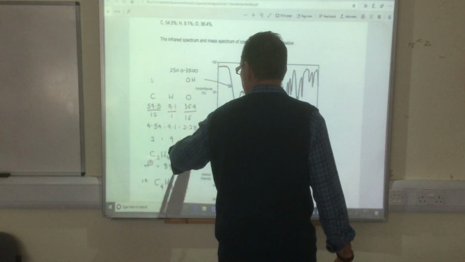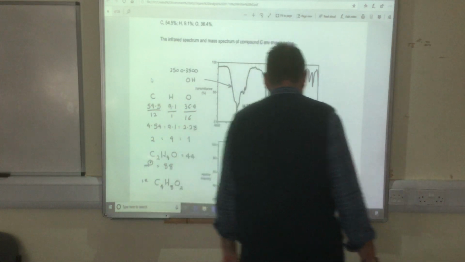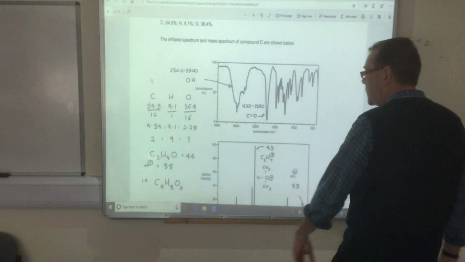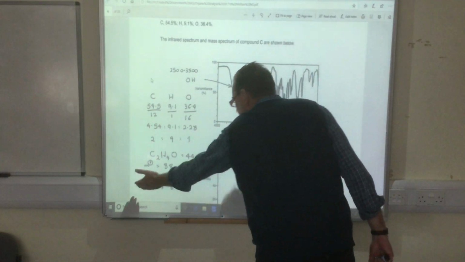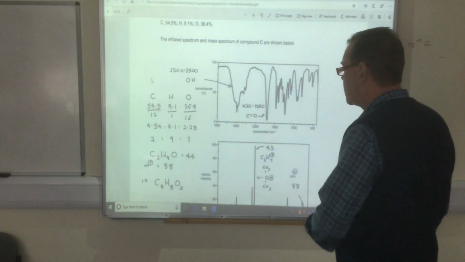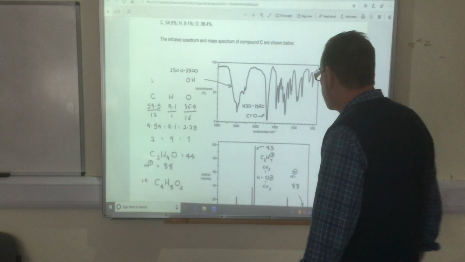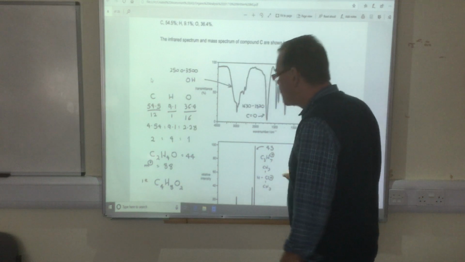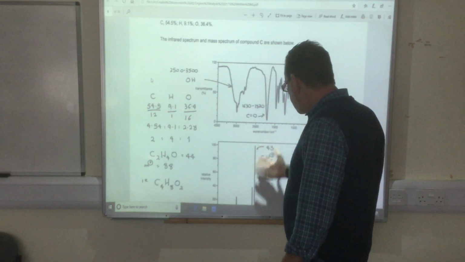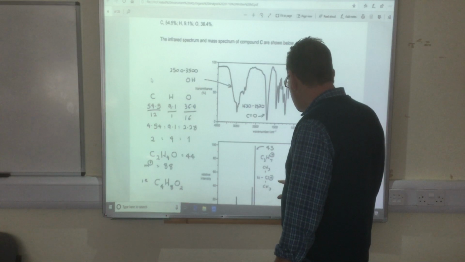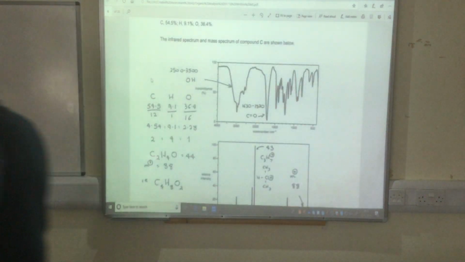Okay, work it out, comes to 44. You can probably just see down here, if you keep scrolling all the time, there's a molecular ion peak at 88. Overall formula is that, looks to me like a carboxylic acid. Okay, so that's fine. Now, what's the structure of it? Let's see. Well, we have to plan, but this bit, you've got to watch.